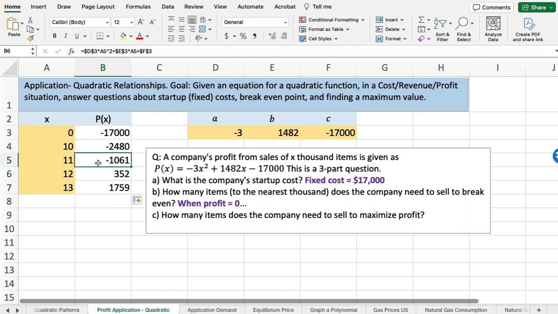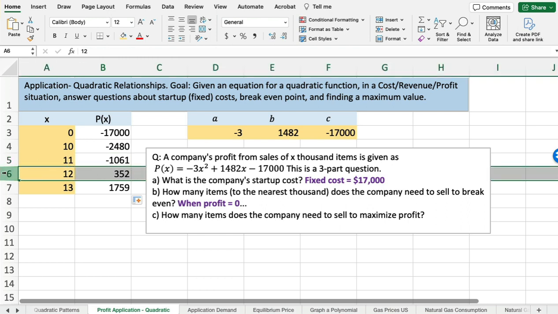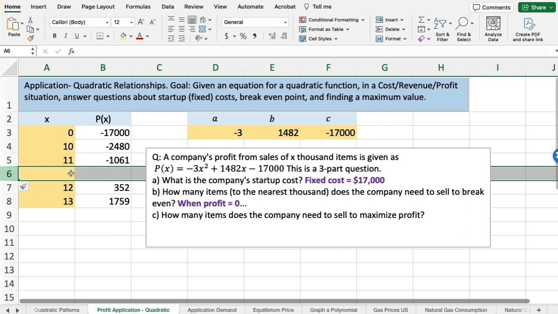So it looks like profit becomes 0 somewhere in between 11 and 12. So what I suggest doing, since we're rounding to the nearest whole number, is inserting a row and putting in the value right halfway between 11 and 12, which is 11.5.